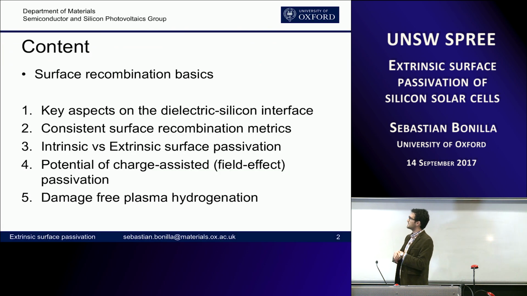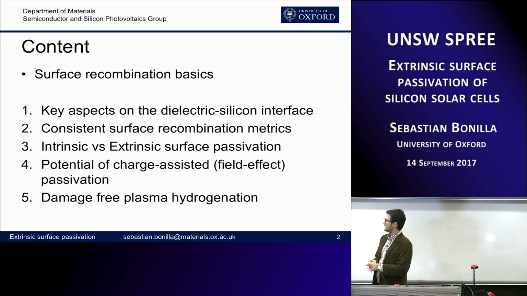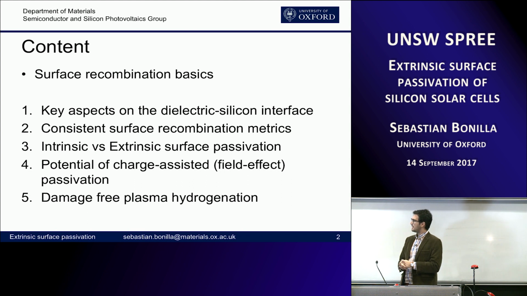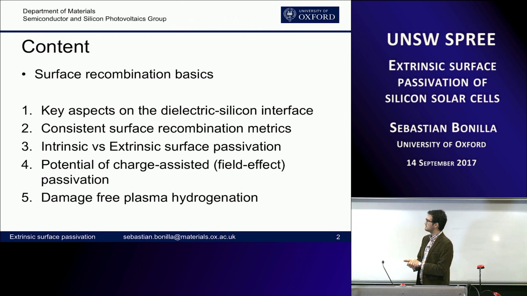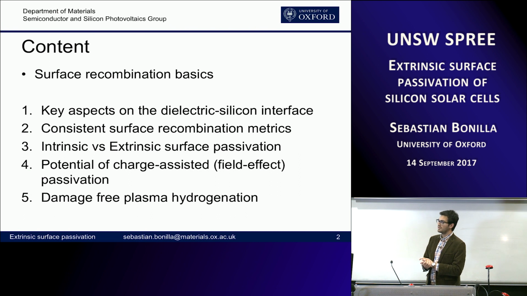So here's the context. I'm going to start with some surface recombination basics, just to get everyone to the same level of understanding. Then I want to talk about 5 important things. The first 2 will be fairly short. One is a few key aspects on a dielectric silicon interface that I think are normally not very well understood. Then I'll talk about recombination metrics at the surface, which only recently has become an important topic.